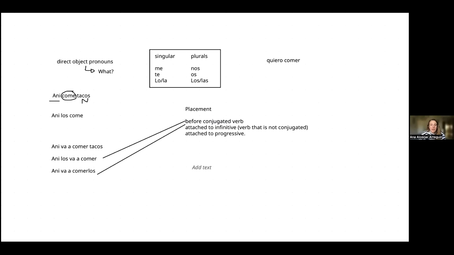So it could be Ani los está comiendo, or Ani está comiéndolos. And when you add it to the ando yendo, which is the progressive, you do use an accent mark. So it shows you where the stress is going to be, comiéndolos.